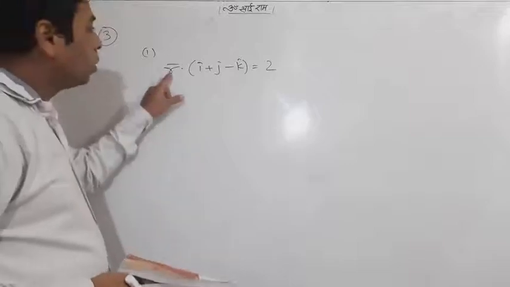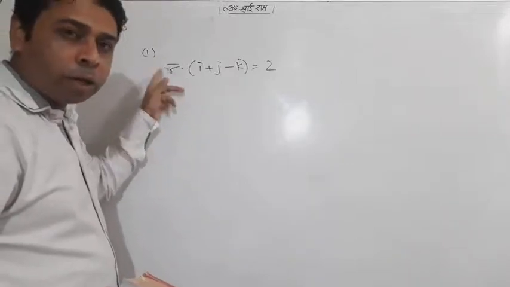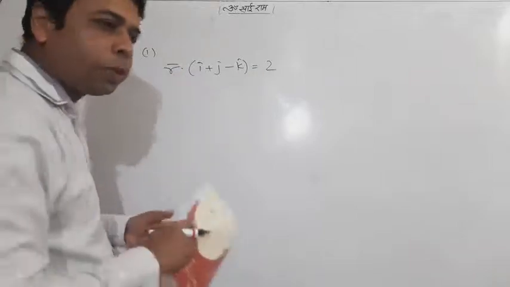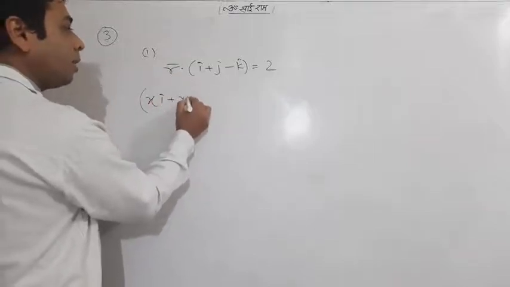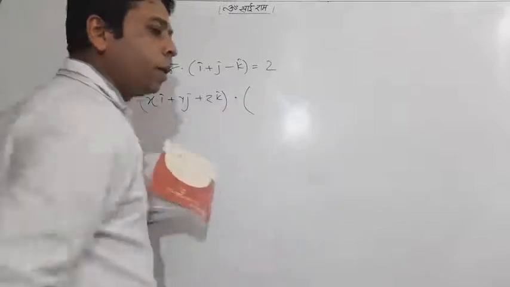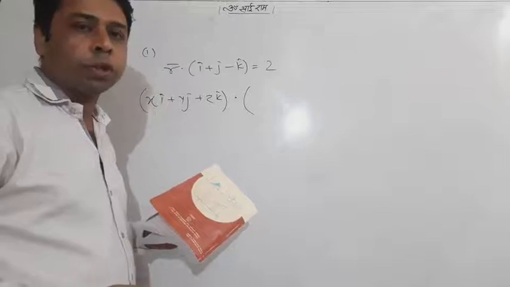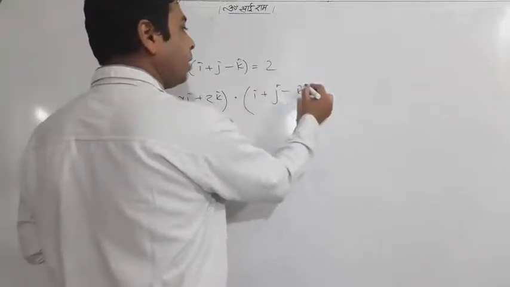It is a vector equation of the plane, r dot n equal to d, and you want to convert that into a Cartesian equation. So what is the method? You put r equal to always xi plus yj plus zk. This is the only method by which you can convert the vector equation into the Cartesian form.